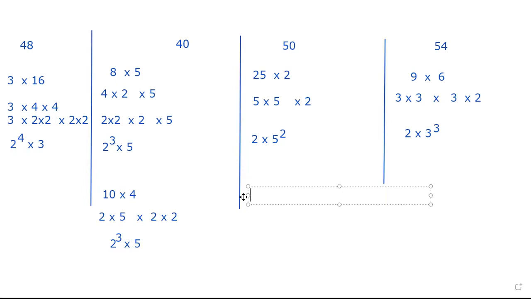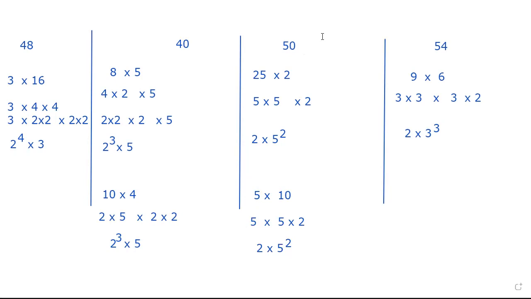When we used 25 times 2 for 50, let's just use 5 times 10. Okay, the 5 can't be broken down, but the 10 can be broken down into 5 times 2. So once again, that's going to be 2 times 5 squared.